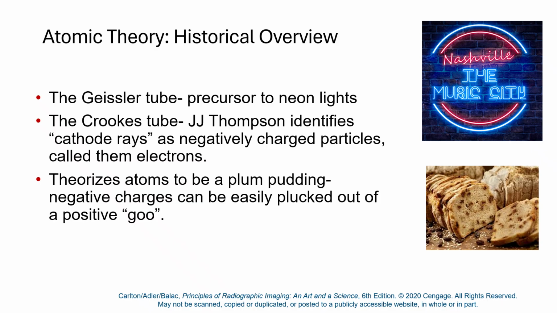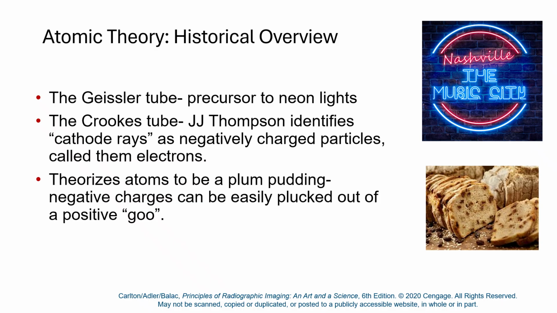Well, what that was, the neon atoms were getting excited and they were glowing and giving off light. Okay, the Geissler tube is the precursor to neon lights like you see down on Broadway and 2nd Avenue. And so, yeah, physicists did that.